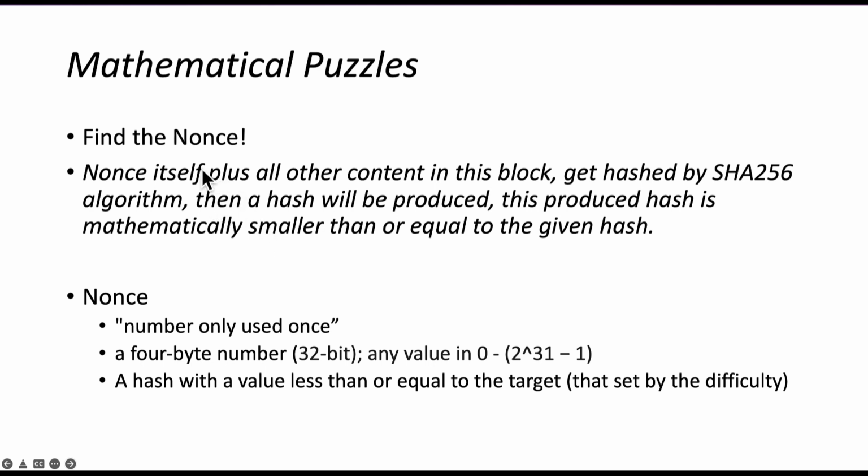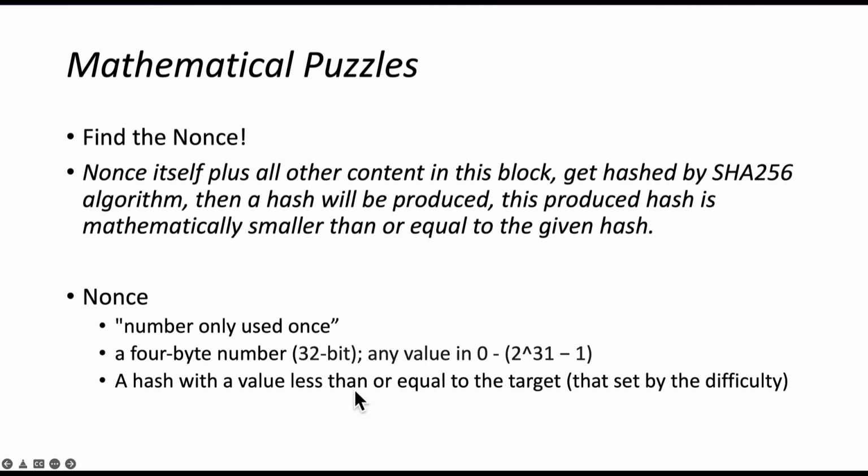So this mathematical puzzle is to find a nonce, and that nonce itself plus all other content in this block get hashed by the SHA-256 algorithm. Then a hash will be produced. This produced hash is mathematically smaller than or equal to a given hash. So that's a lot of terminology.